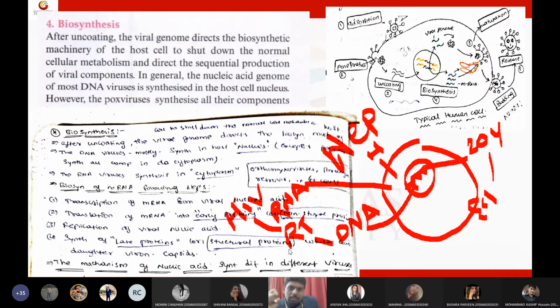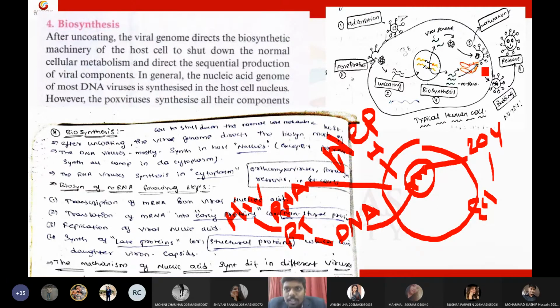Now I will tell another word, which is called incubation period. What is incubation period? Incubation period means it is the time taken for the virus to attach to the cell, enter inside the cell, and release outside the cell.